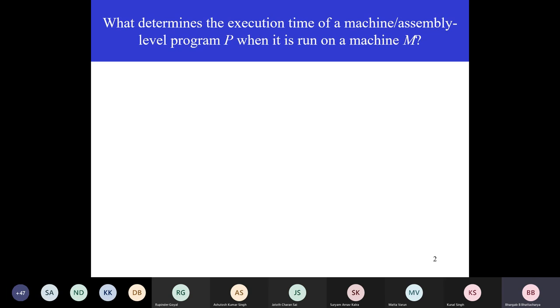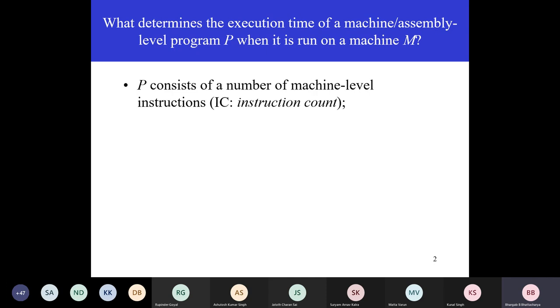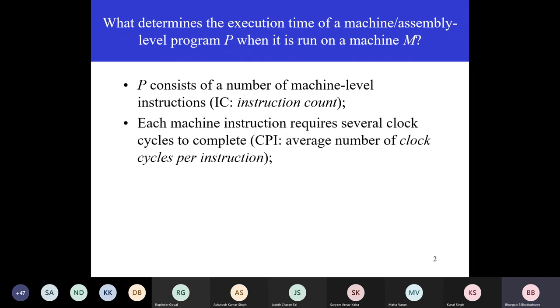So we have instruction count. Now, for every instruction, I need a certain number of clock cycles, and each clock cycle requires a certain duration, the clock cycle time. So we have three parameters here. The instruction count is the first one, and then the CPI, the average number of clock cycles per instruction.